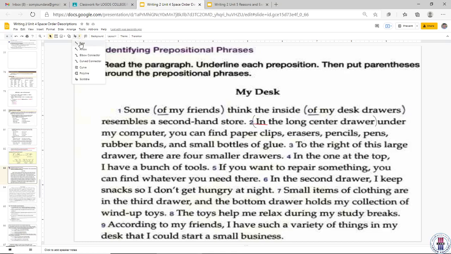All right, so here under is the next one, and then your prepositional phrase includes a preposition and all this stuff all the way up to the object, okay? So in the long center drawer, under my computer, you can find paper clips, erasers, pencils, pens, rubber bands, and small bottles of glue.